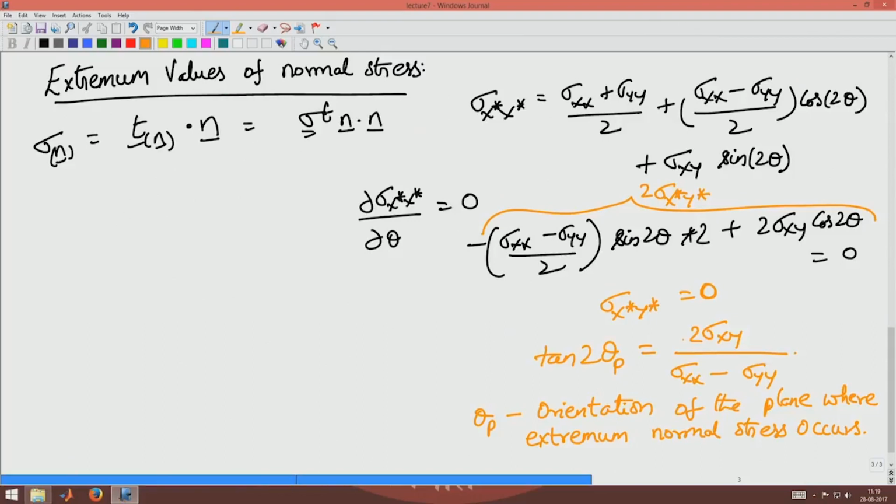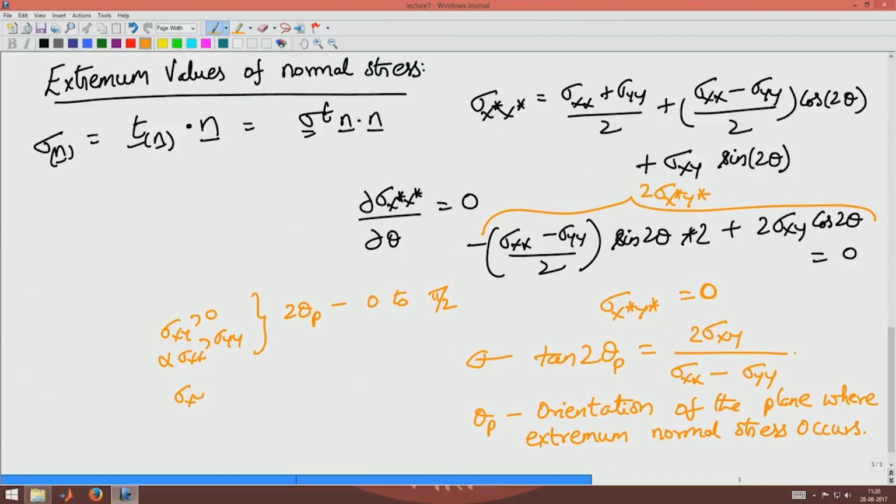That is, it matters whether the numerator has positive sign, negative sign, or denominator has positive sign or negative sign, okay. So, you have to see that if sigma xy is greater than 0 and sigma xx is greater than sigma yy, then 2 theta p would be between 0 to pi by 2.